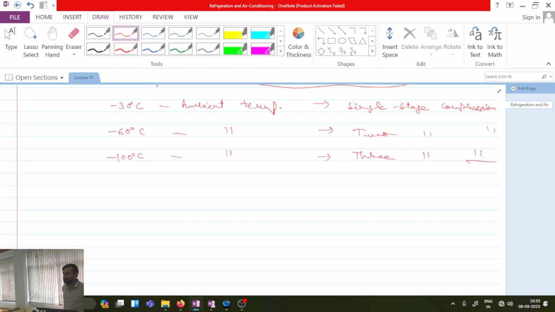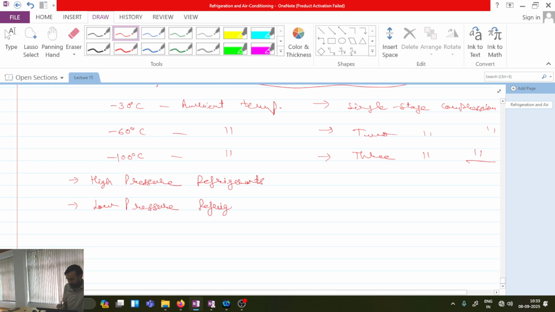The second important issue is that refrigerants are typically classified in two categories. A few are called high pressure refrigerants, and the second class of refrigerants are called low pressure refrigerants. What does it mean?